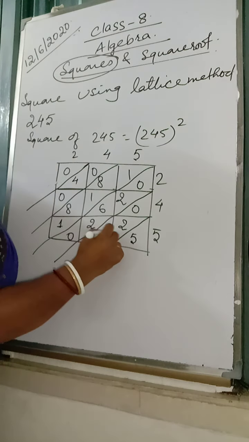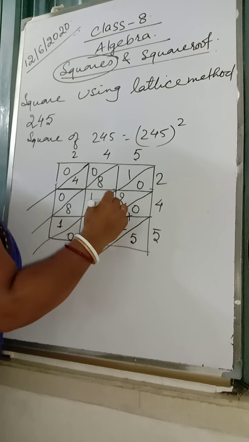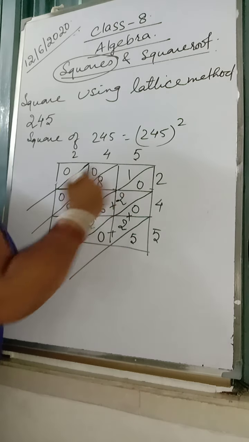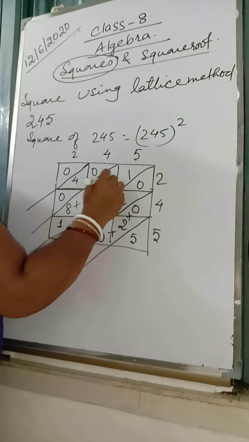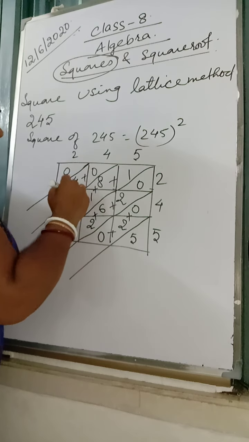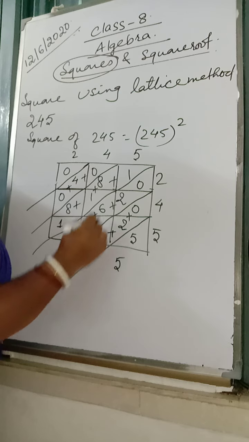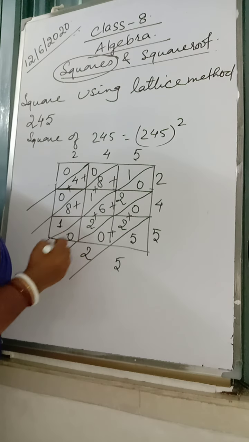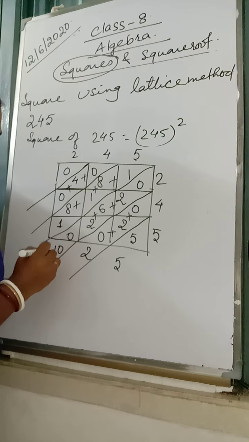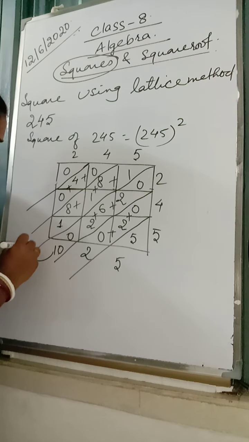Now what we have to do? We have to add these numbers which belong to the same columns. Now this is 5, 2 plus 0 plus 0 is 2, 6 plus 2 plus 8 plus 2 is 10. So 10's 0 will be here, 1 will come here.